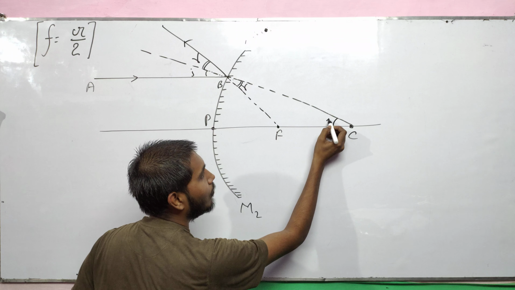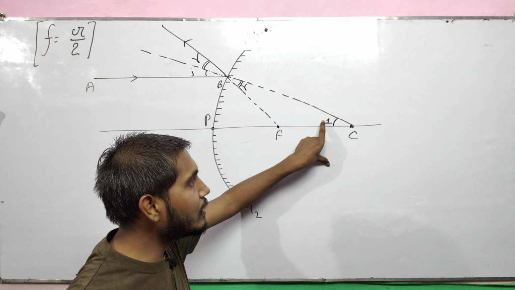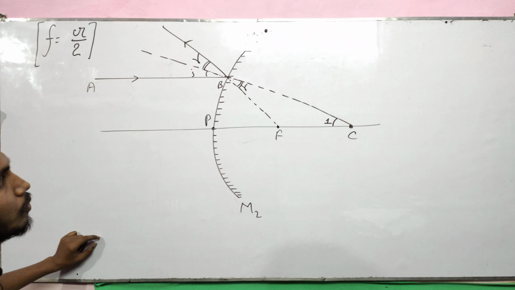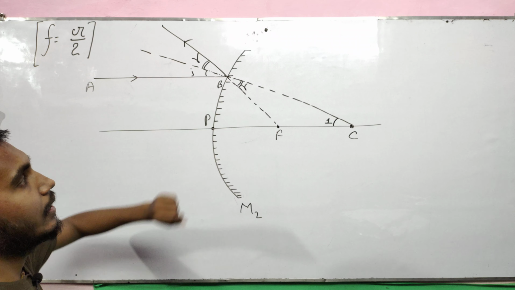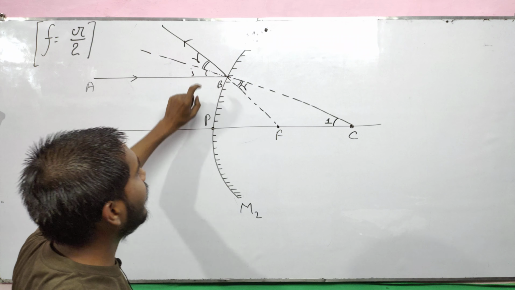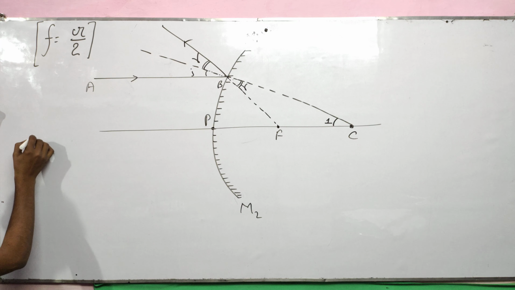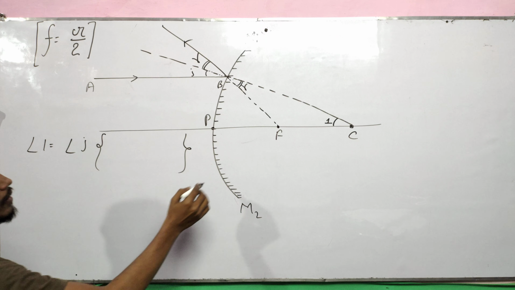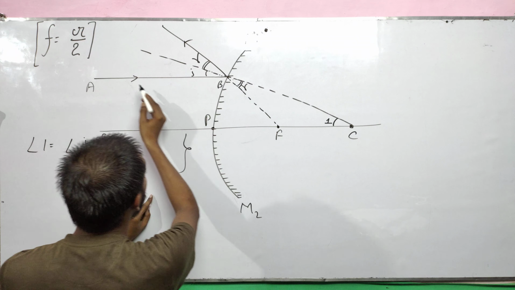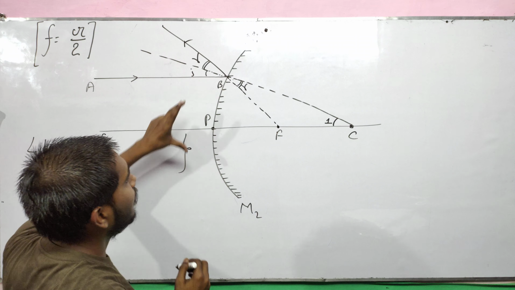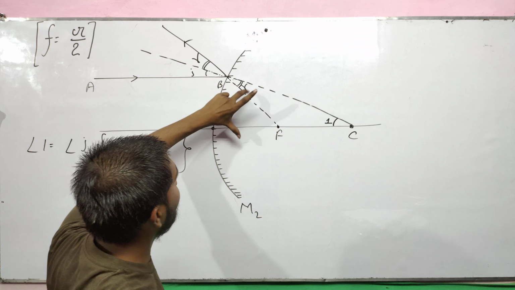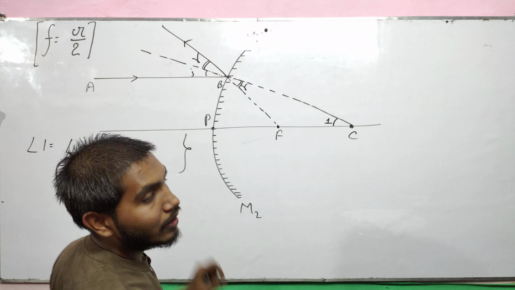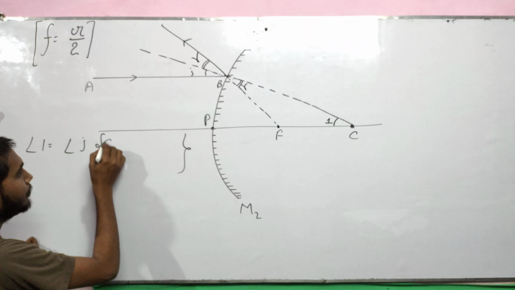And if we consider this as angle 1, then angle 1 is equal to angle I. Reason: this line and this line are parallel, and this is a transversal. So I is equal to 1 due to corresponding angles.